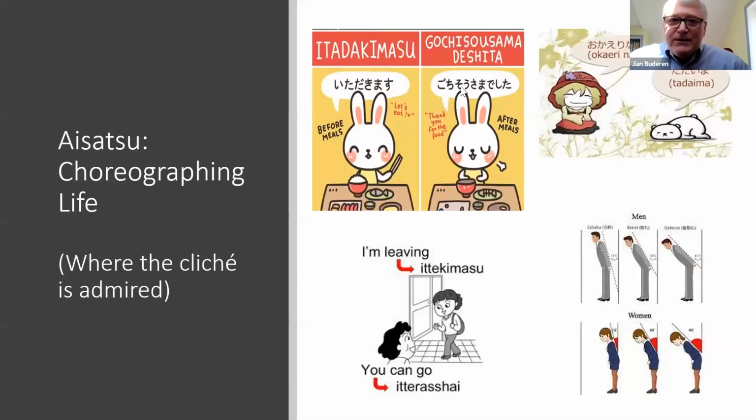Okay, something about Japanese greetings. I always say that the Japanese are content to choreograph their entire lives, right? And the cliche, rather than being cliche, is something that is admired, and it's very intricate. A well-educated, well-bred person knows what to say in what situations.